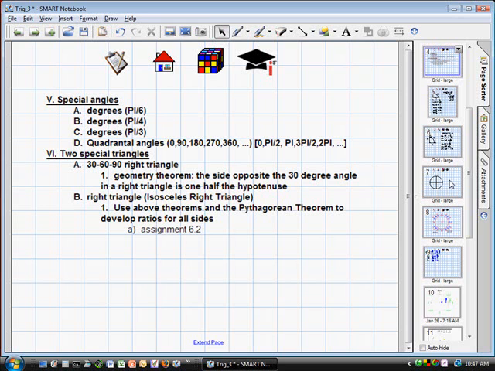Let me write it up here. But more important, study. Where it is, there might be a quiz.